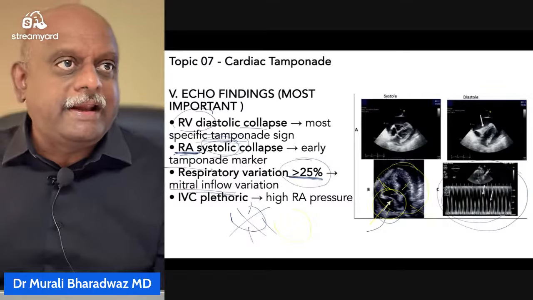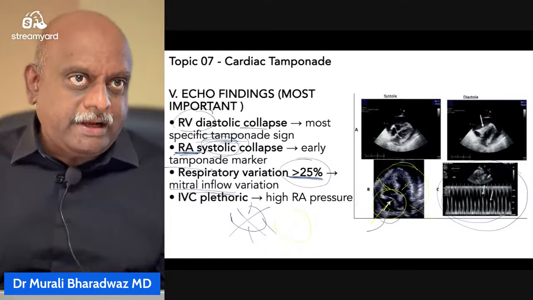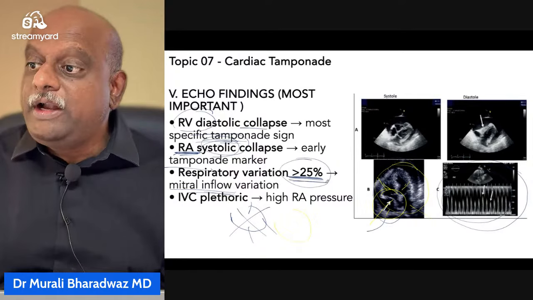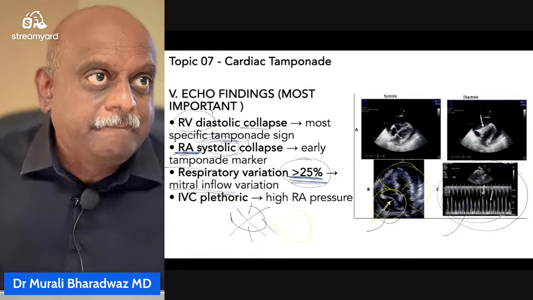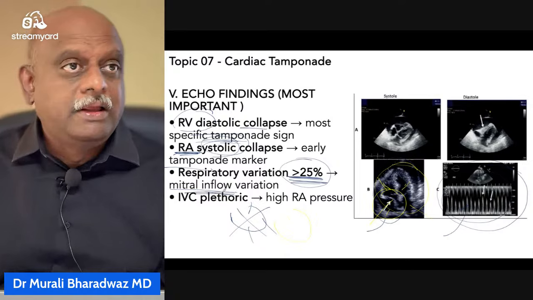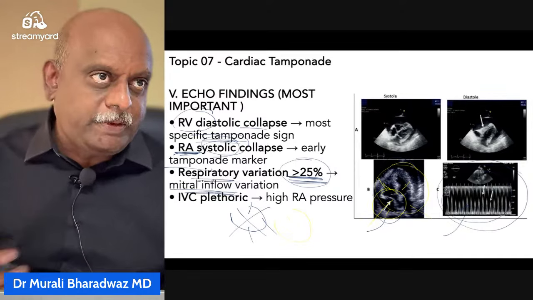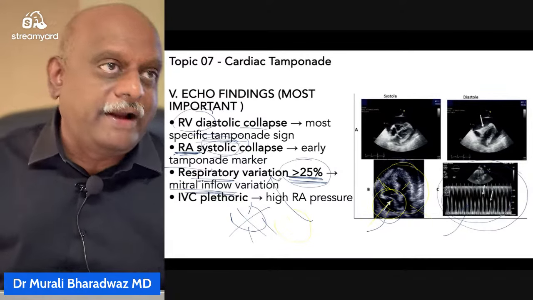Impairment of filling of the atria in case of cardiac tamponade. More than 25% variation in the filling of the mitral valve with respiration, inspiration, expiration is another 2D echo finding.